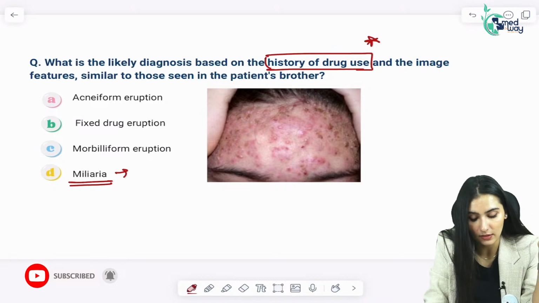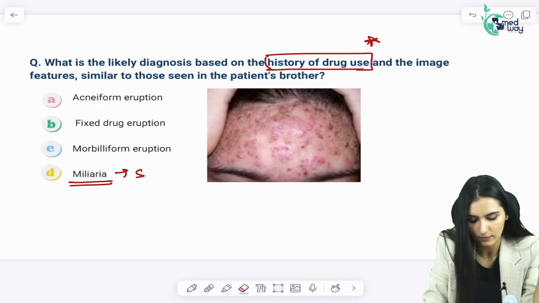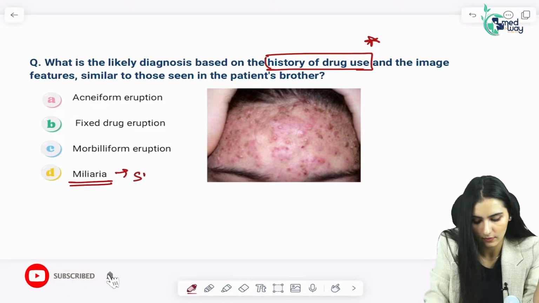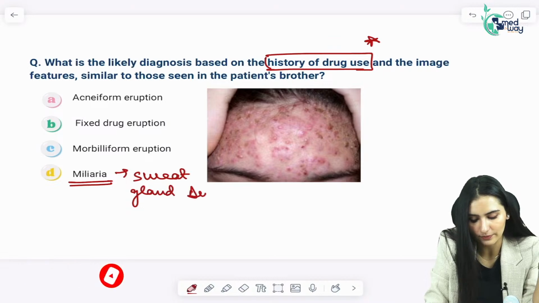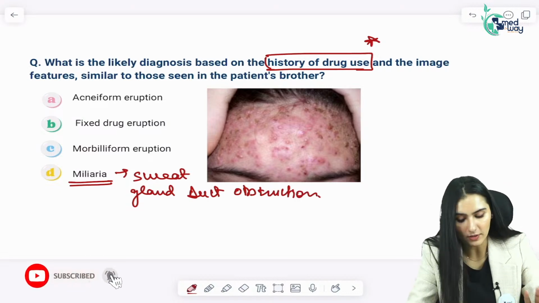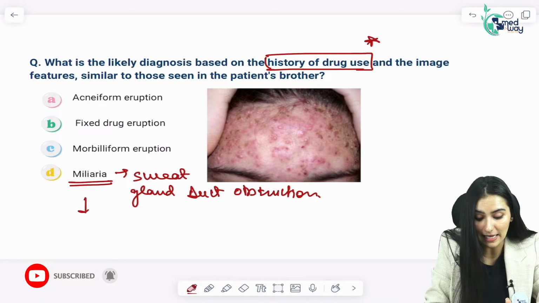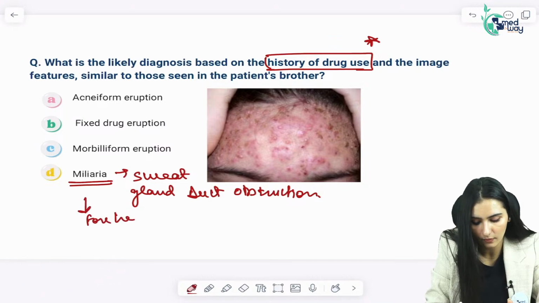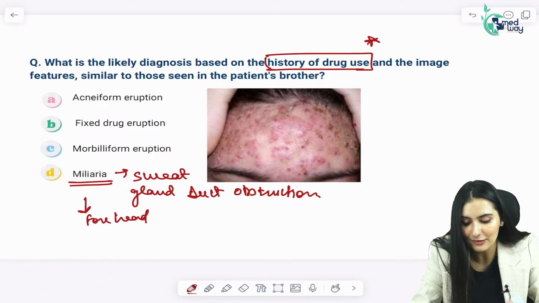What is this? This is a sweat gland duct obstruction. Okay. Alright. So that is what is malaria. Can it occur on forehead? Yes, it can. But will it look like this? This looks like acne.